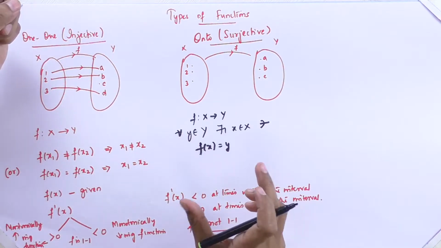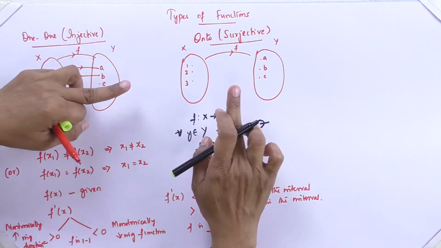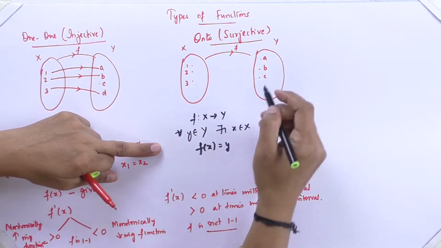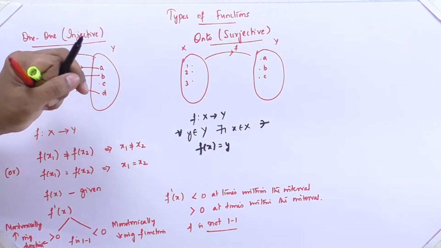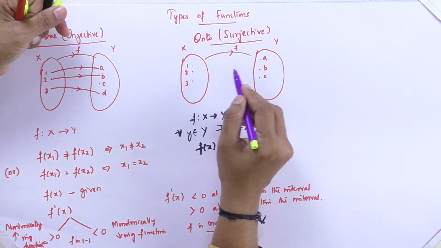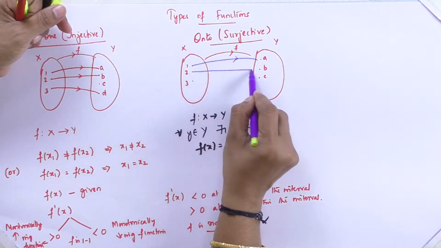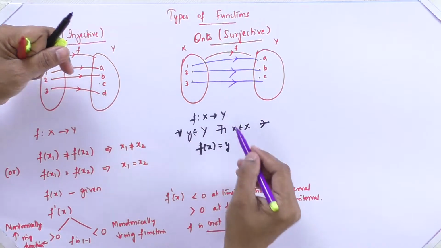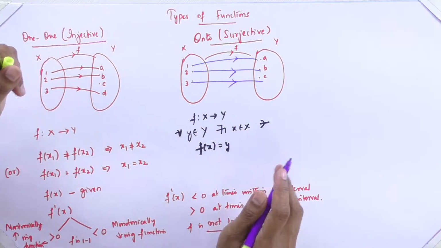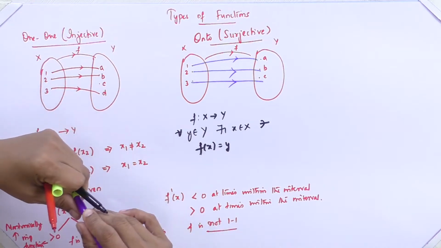Let me recall this. A function f from X to Y is said to be onto if for every element y in Y there exists an x in X such that f of x is equal to y. Then we call it an onto function or surjective function.